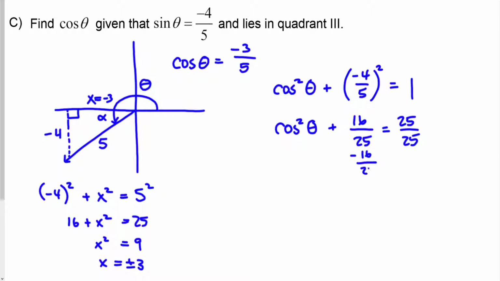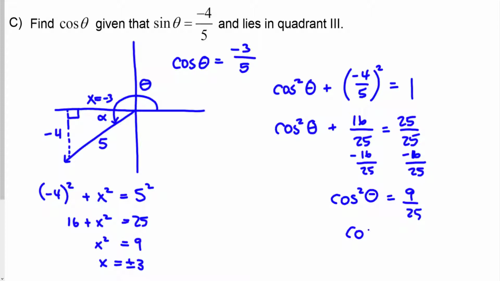So I'm going to subtract this fraction from both sides. So cosine squared theta is equal to -16 over 25. Oh, I'm sorry. I meant to subtract the 16, not just write it down. So 25 minus 16 would be 9 over 25.